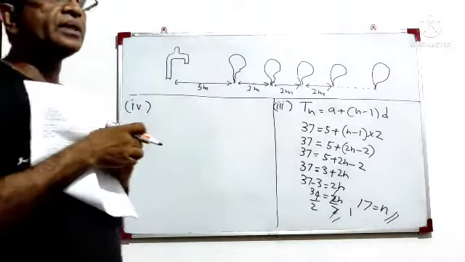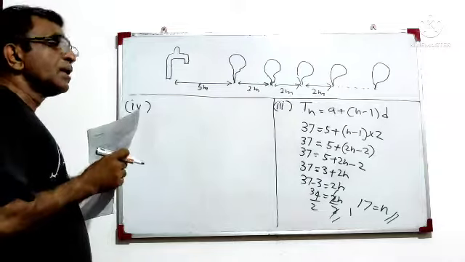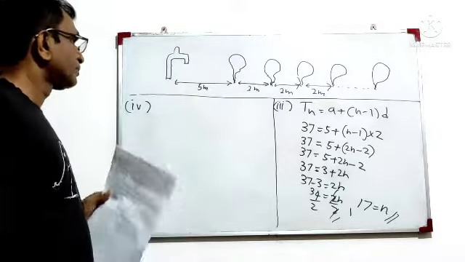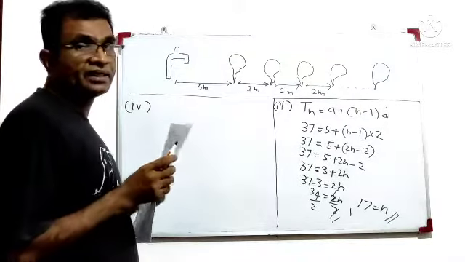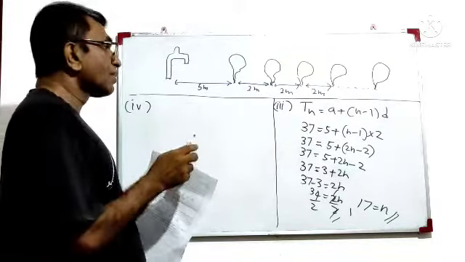the sum of the arithmetic progression, 18 terms. Then what is the formula to find the sum of the arithmetic progression?